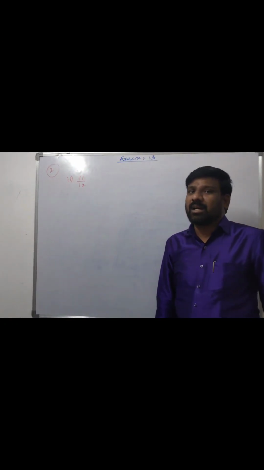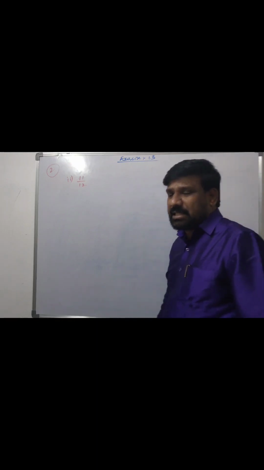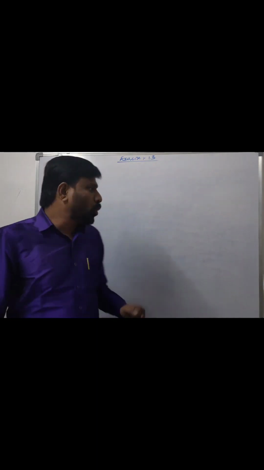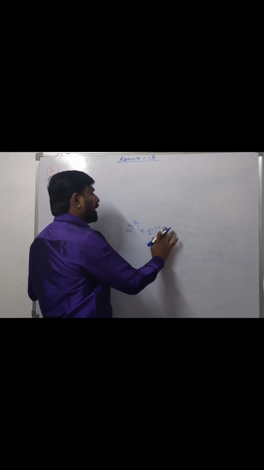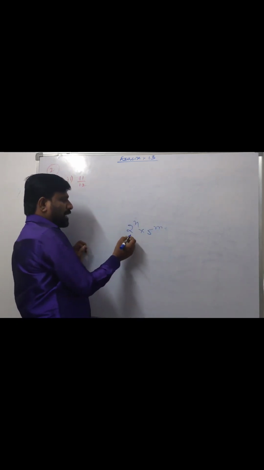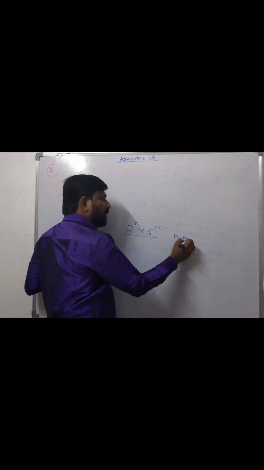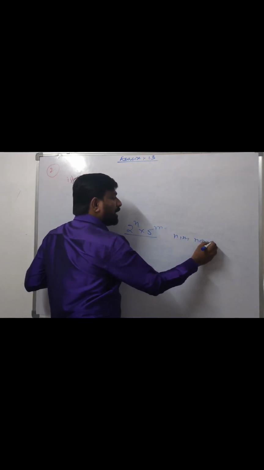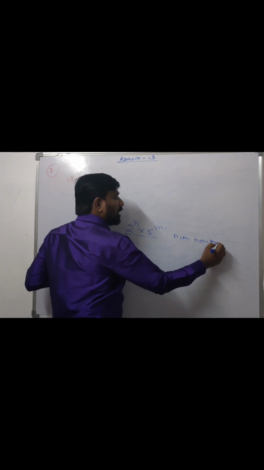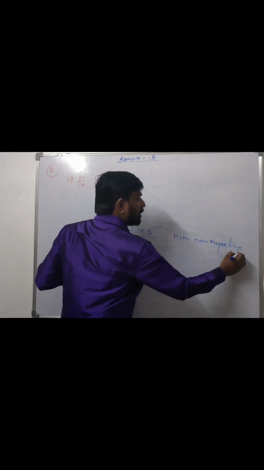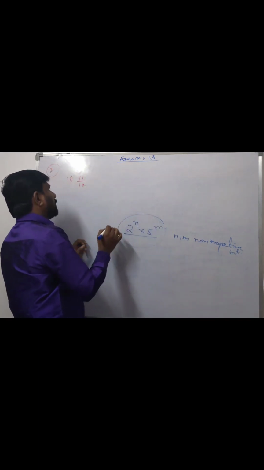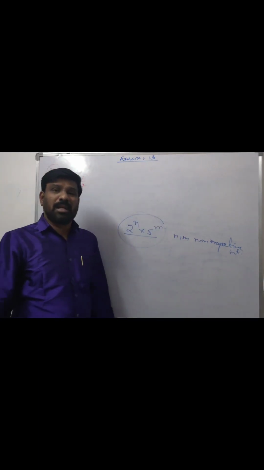Clearly, we have to know that if the prime factorization of the denominator of a fraction is in the form of 2 to the power n into 5 to the power m, where n, m are non-negative integers, then definitely that fraction will be in terminating decimal form.